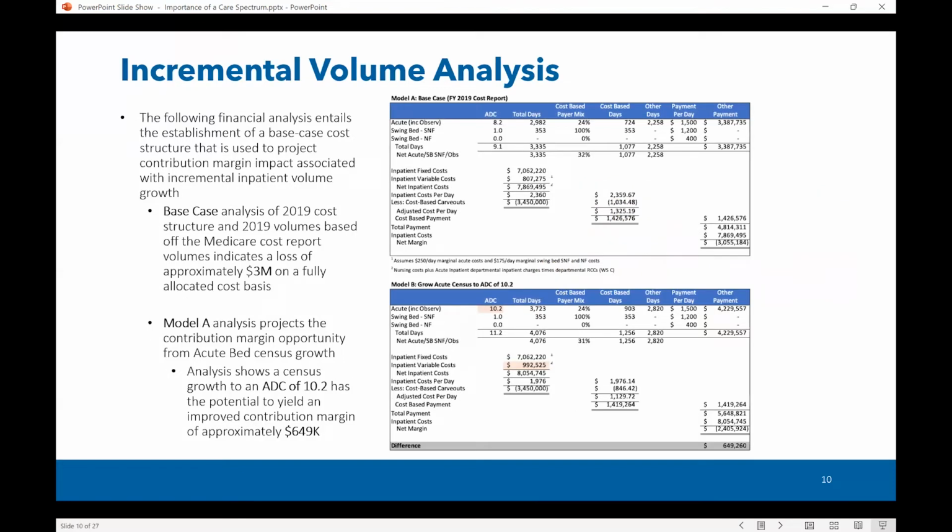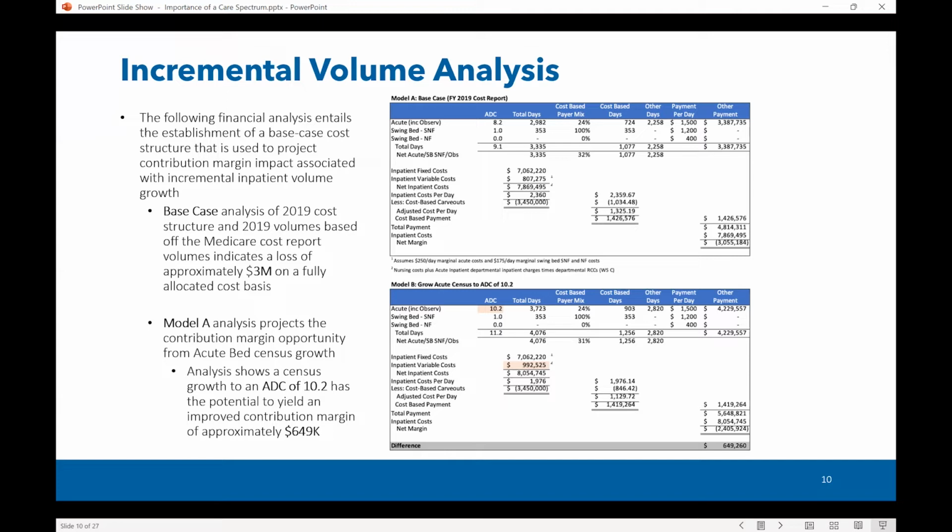This just shows you incremental volume analysis. If you look at the top box, it shows that the average daily census acute, which included observation, was 8.2. And at the bottom, just growing the average daily census, including your observation, by 2 to 10.2, and what that has to do with your net margin.